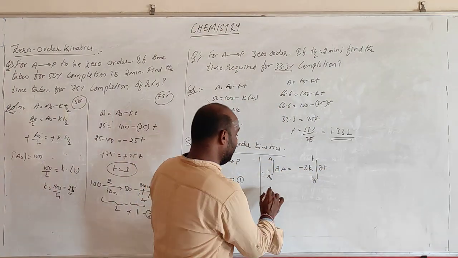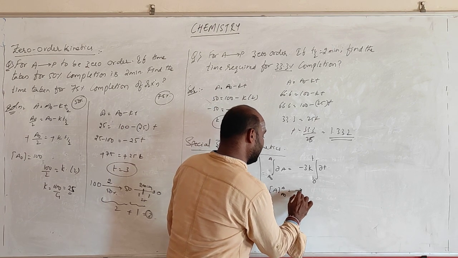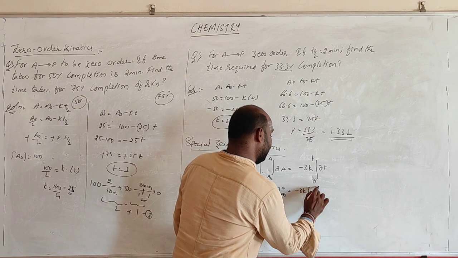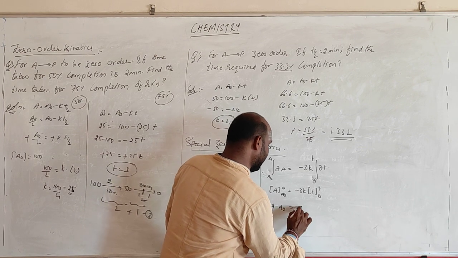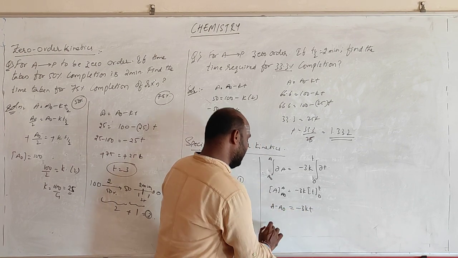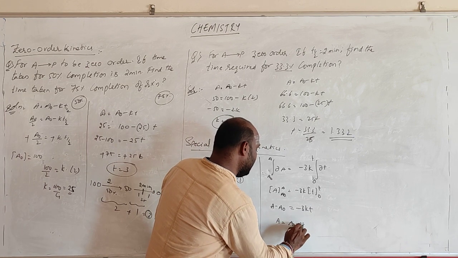So what are you getting? A minus A naught is equal to minus 3K t. So A is equal to A naught minus 3K t.